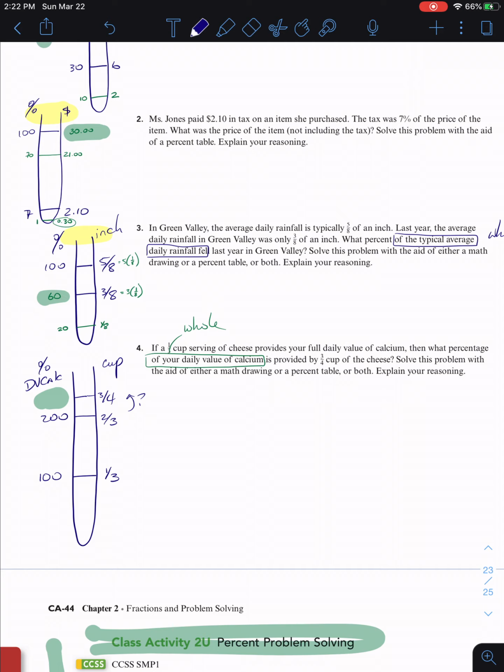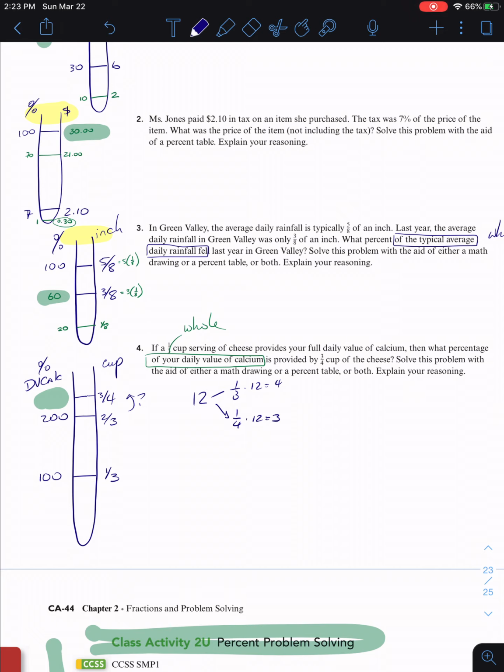So I wonder if there's a different way to cut that cup so that thirds and quarters would be easier to compare. It seems to me that when we did that before, we used 12, because 1/3 of 12 was 4, and 1/4 of 12 was 3.